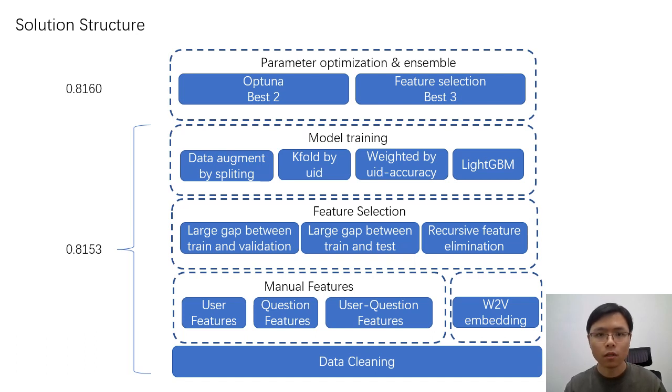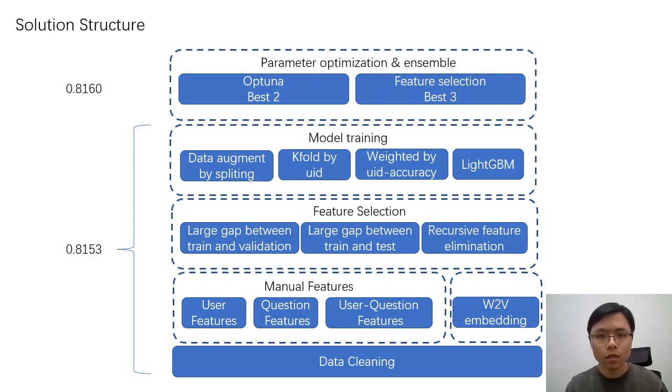Here, I would introduce the whole structure of my solution. First, some data cleaning is done, such as noting that students with better accuracy almost have no possibility to get a question wrong unless it is a choice question. But the data cleaning module only works a little.